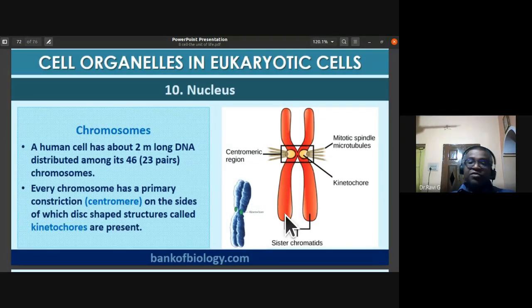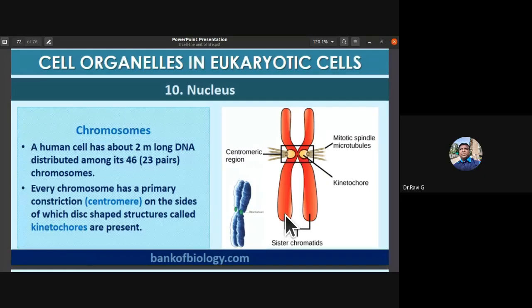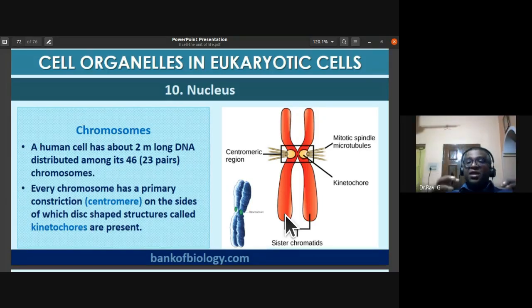If you uncoil these highly coiled chromatin fibers, you find the nucleosomes, which are just like a chain of beads. These nucleosomes are wound by DNA, and two nucleosomes are interconnected by linker DNA. So that is the nucleosome model.